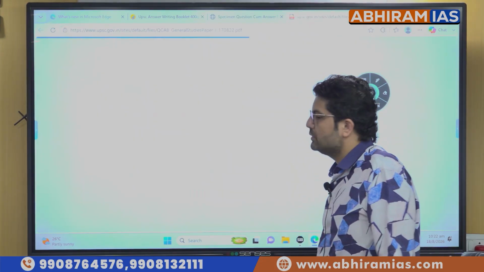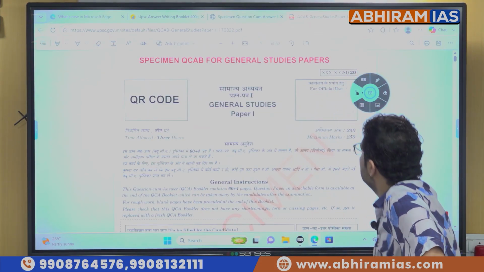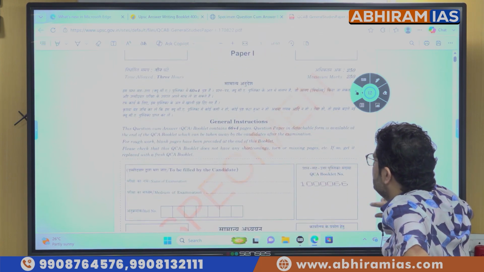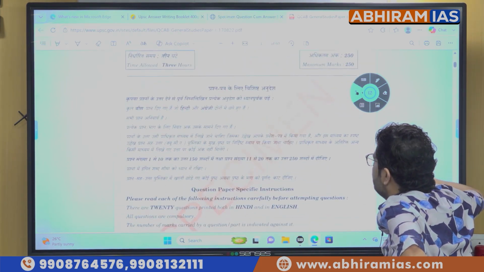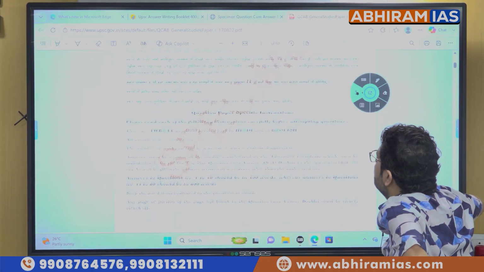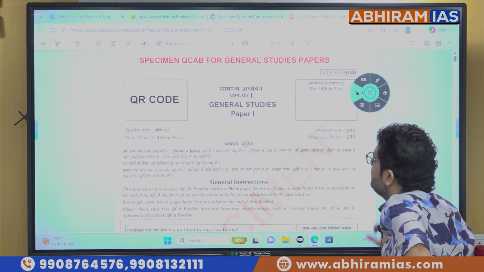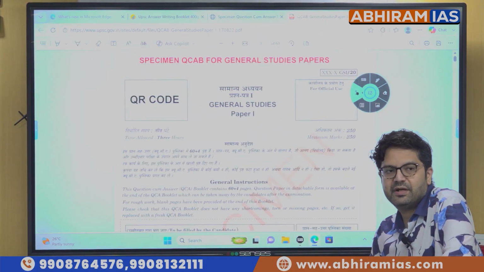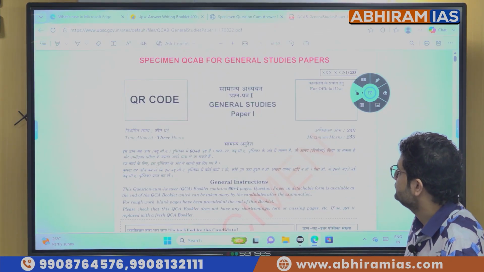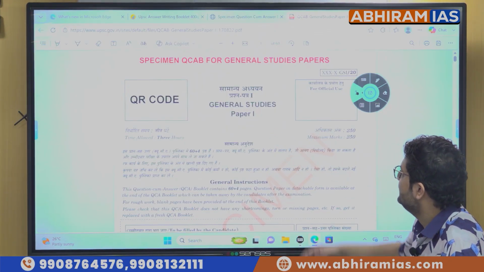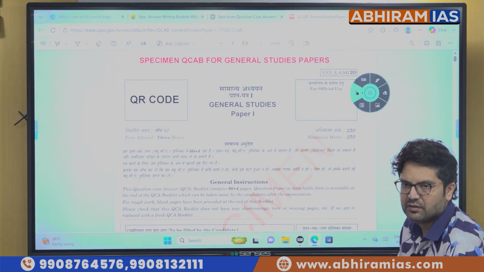So this is your general studies. Is it the new one? Just a minute, guys. So this is your paper for the exam that you will get. You will have your QR code there, and there is a sheet attached on that, which is the question paper.